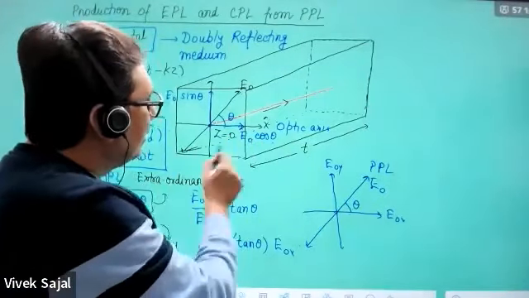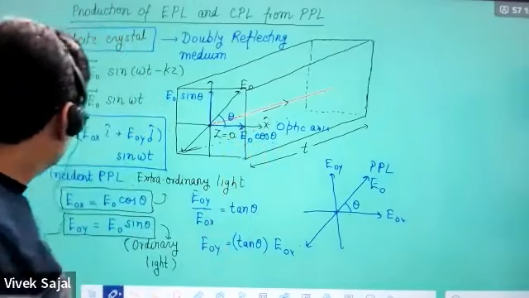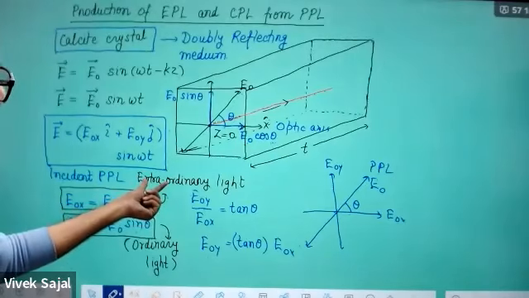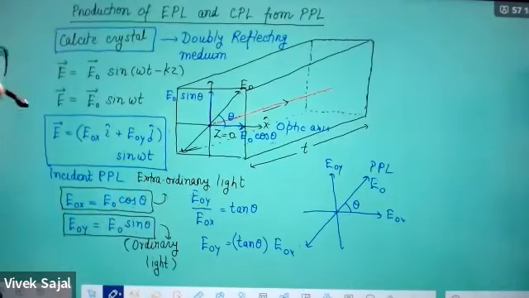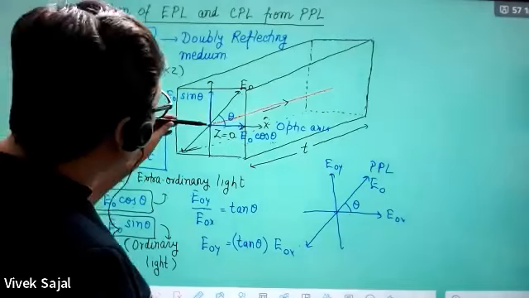So this component, E naught x or E naught cos theta, is behaving as extraordinary light.